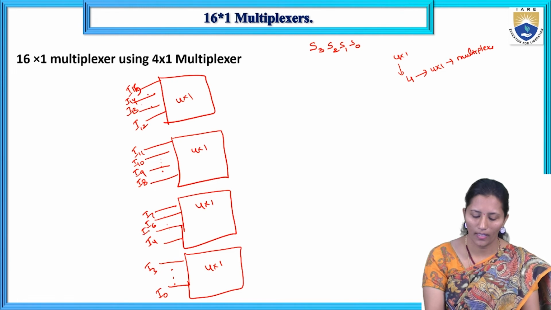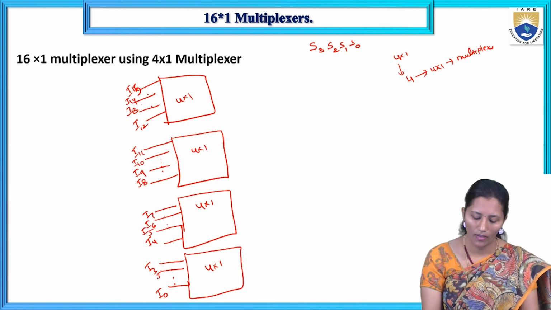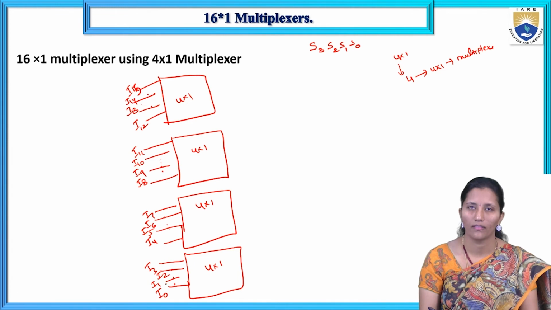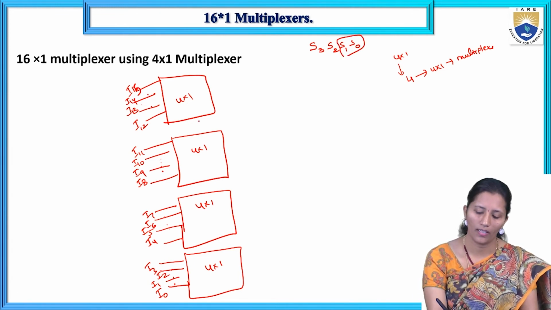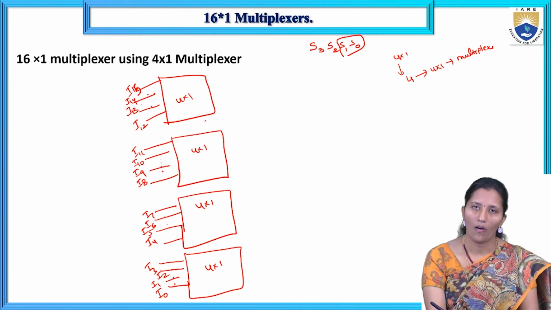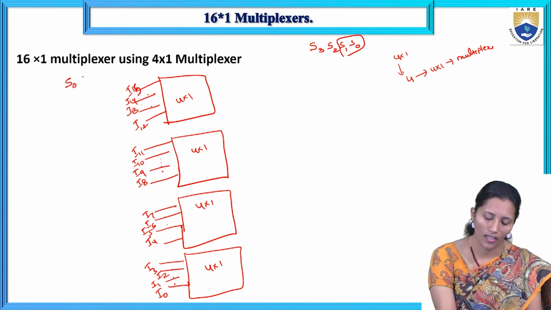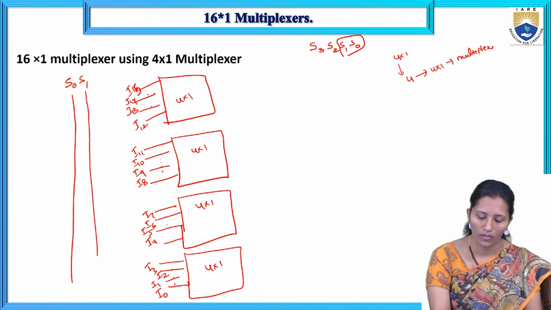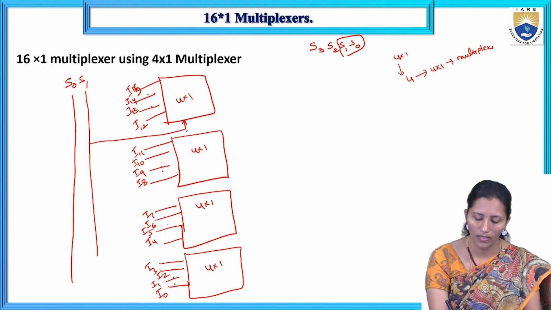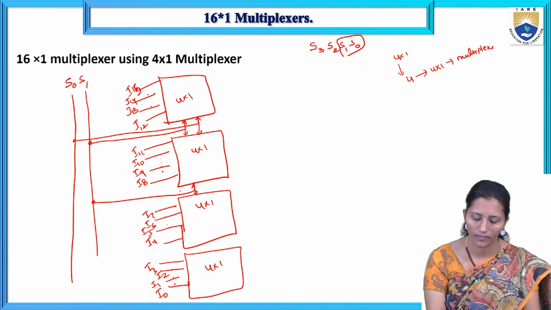Okay. So first two selection lines S0 and S1 are the selection lines for all the multiplexers. So S0 and S1, draw 2 parallel lines here. These are the selection lines for all the multiplexers.